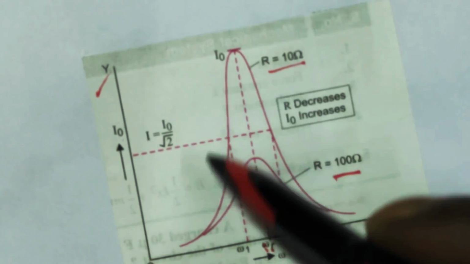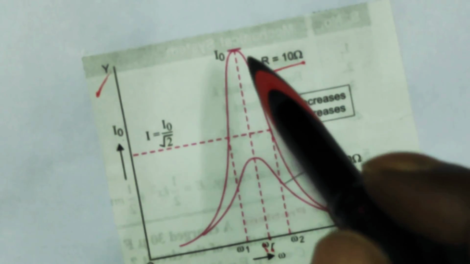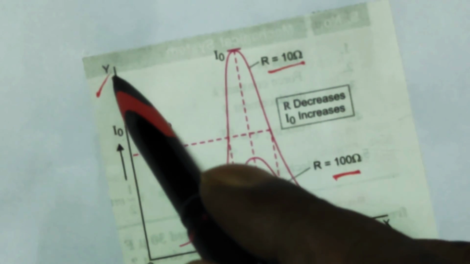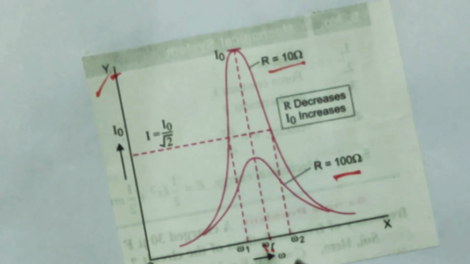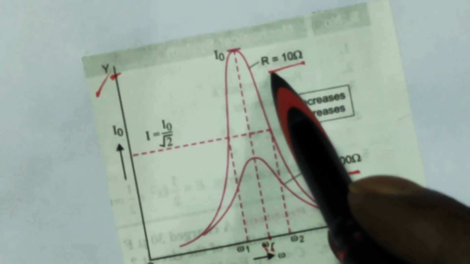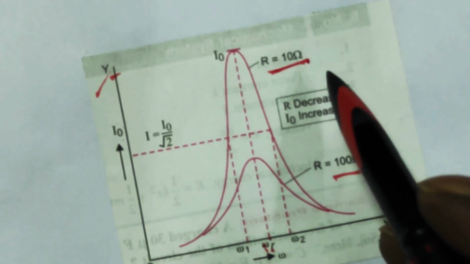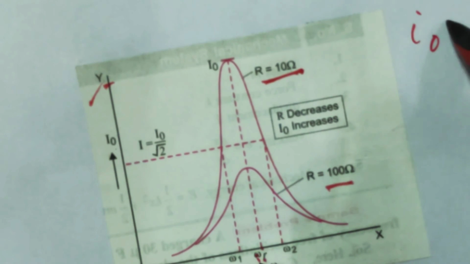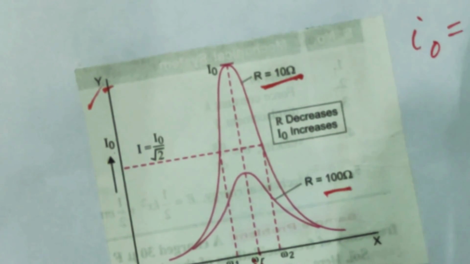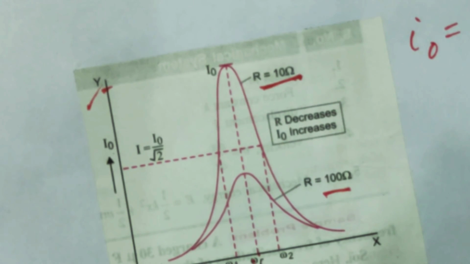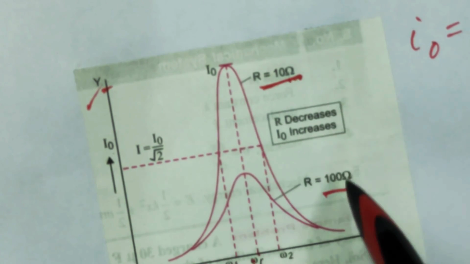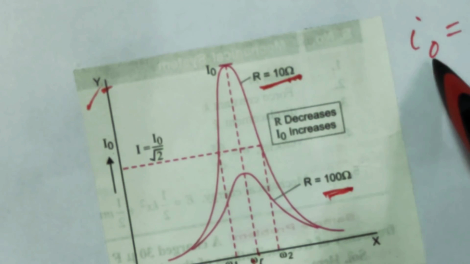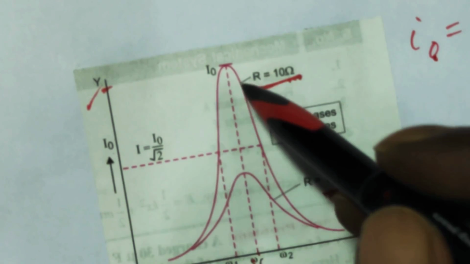Here, this graph has the maximum value I naught. So that corresponds to the angular frequency omega R. If you increase R, because we just found out I naught is equal to E naught over R, this E naught is fixed. If you increase R, for example, from 10 to 100, then I naught will decrease for the same resonant frequency.